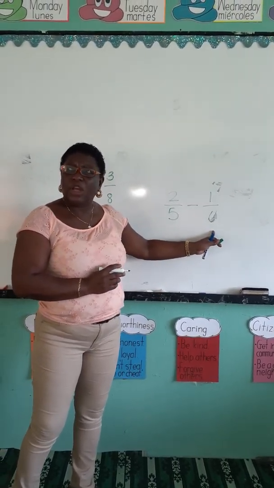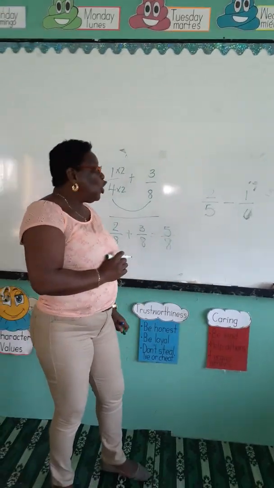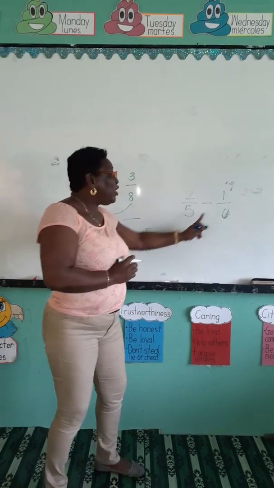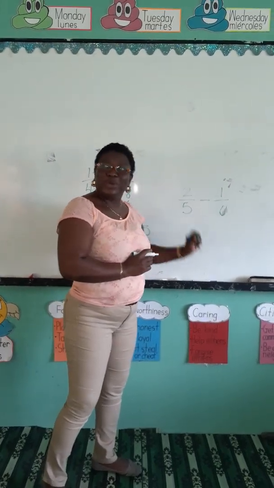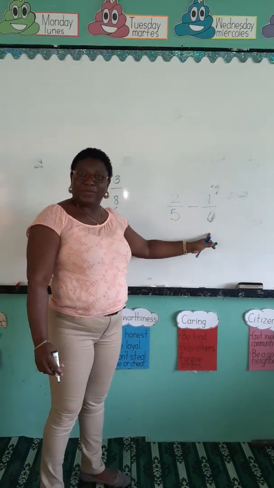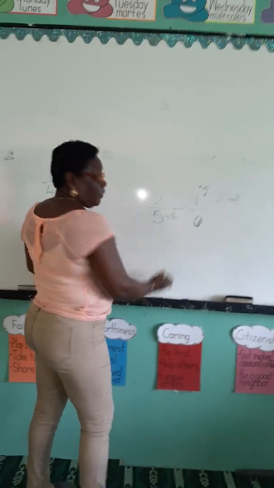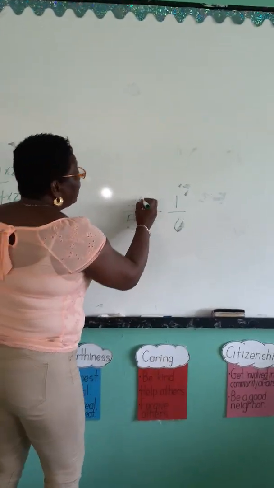Is there any? No. So right away, you know that you will multiply your two denominators to get your lowest common denominator. So what do we do? We multiply 5 times 6, and we multiply 2 times 6.